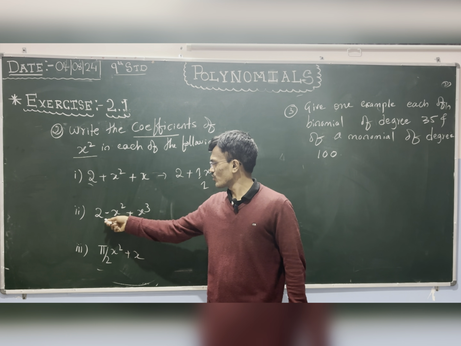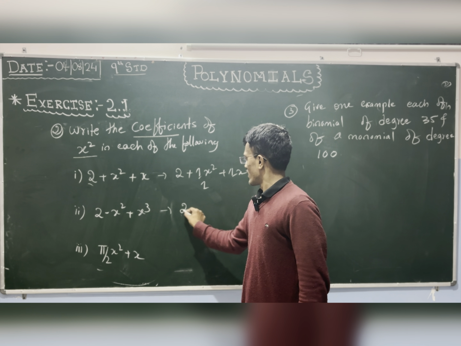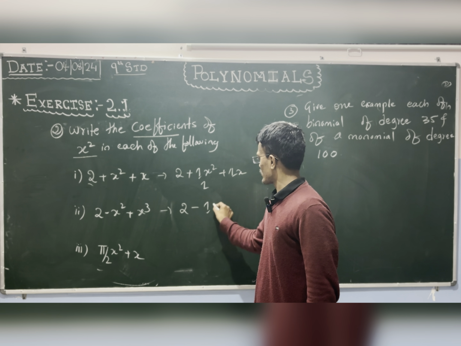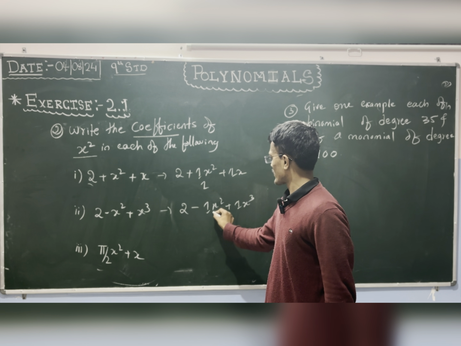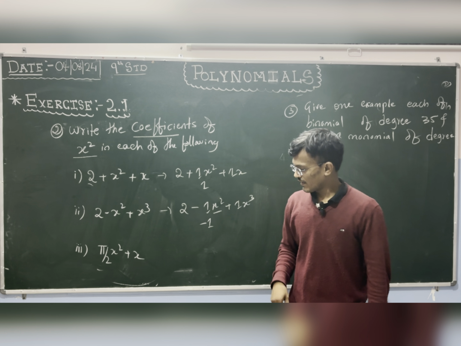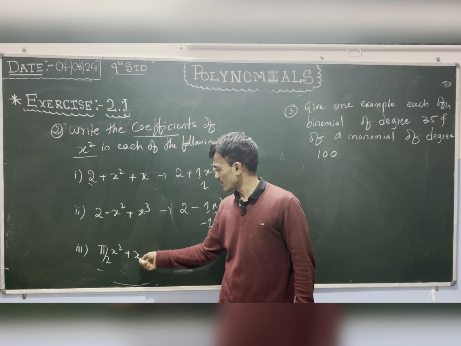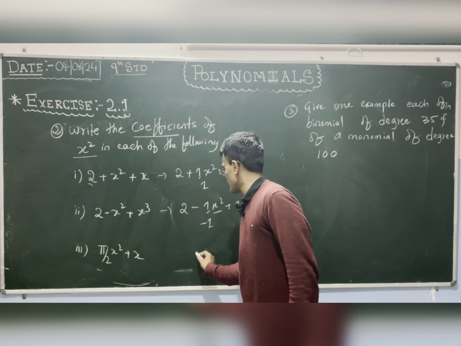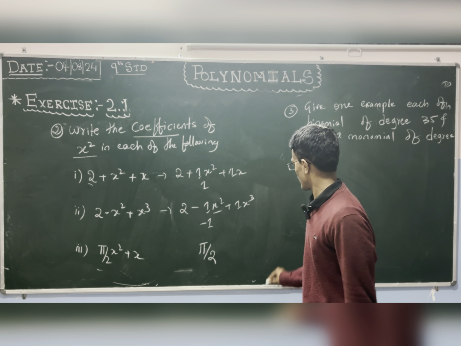Question number 2, 2 minus x square plus x cube, which is 2 minus 1 x square plus 1 x cube. The x square coefficient is minus 1. And question number 3, pi by 2 x square plus x. The x square coefficient is pi by 2.